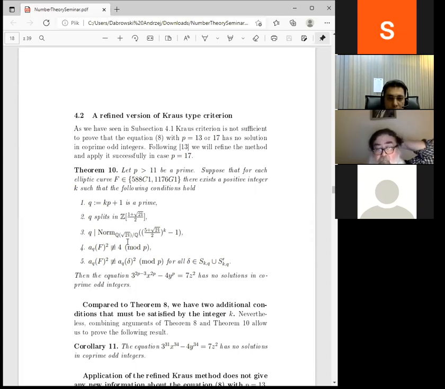Two extra conditions are added, which must be satisfied by the given k.